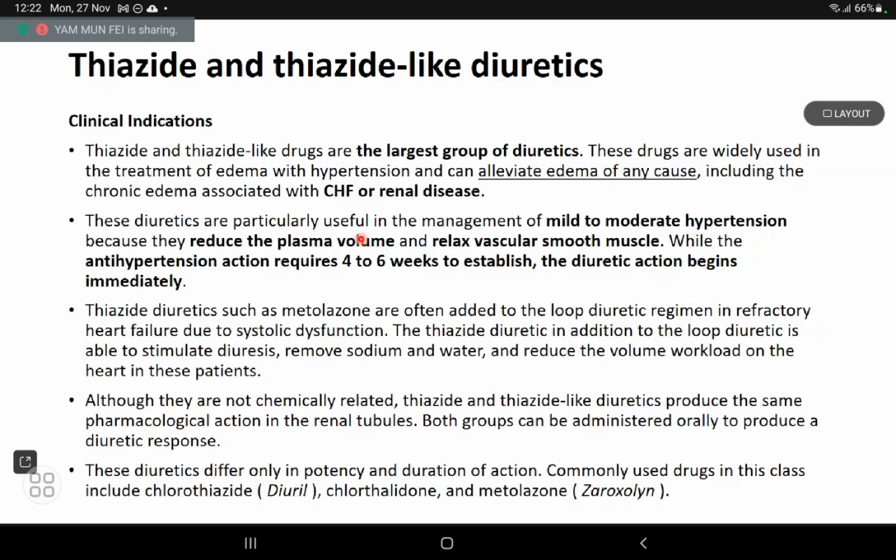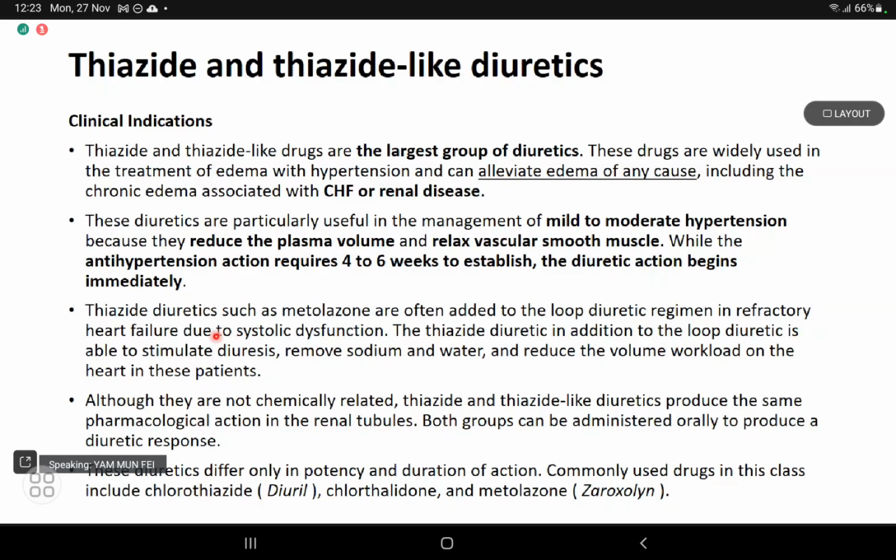That's why your blood pressure will remain until 4 to 6 weeks of continuous use of this drug. Only then can you see the antihypertensive effect. So, in other words, the hypertension actions of the drugs only show after 4 to 6 weeks of administration. Okay, clear? You have to bear in mind. They won't show you immediately. They will show you after 4 to 6 weeks. But the diuretic action will begin immediately. It means that once you take it, you will immediately see the diuresis effect.